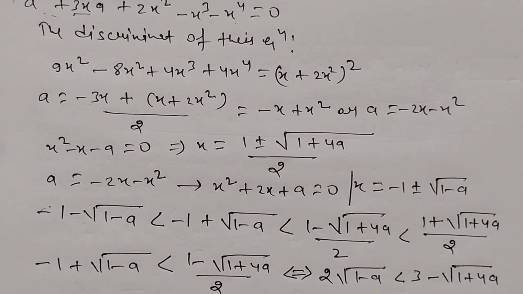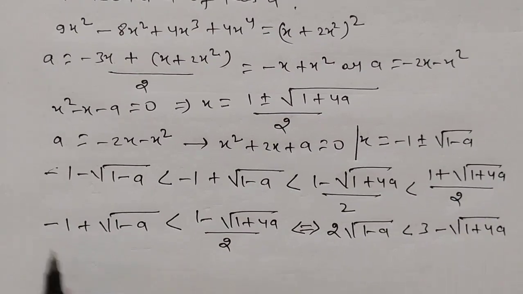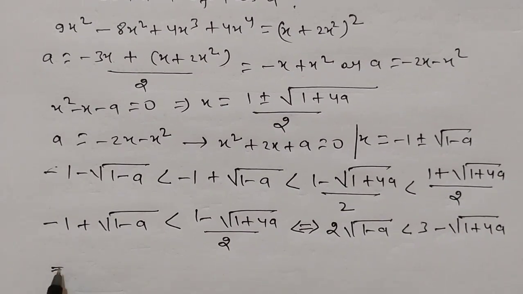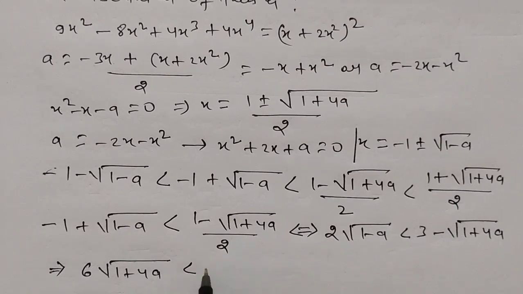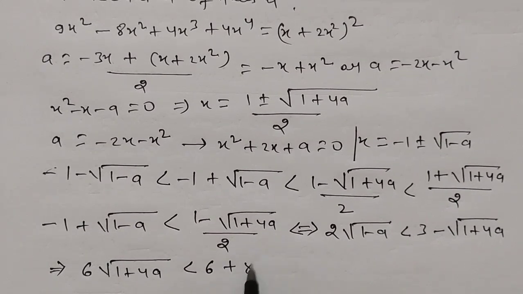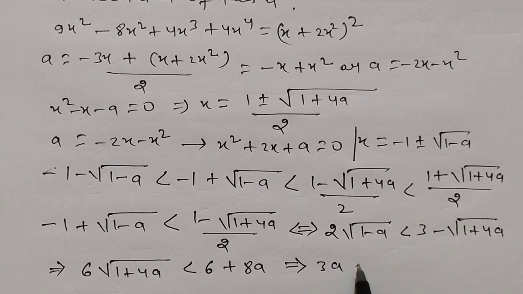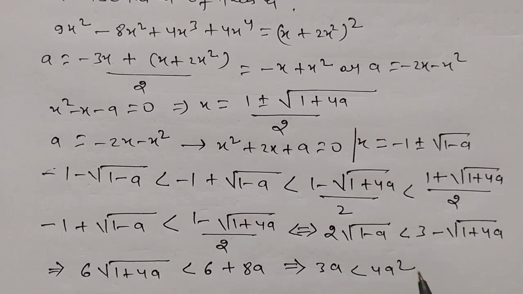And now here we get the conclusion: 6a square root of 1 plus 4a will be less than 6 plus 8a, and this will imply 3a is less than 4a squared.